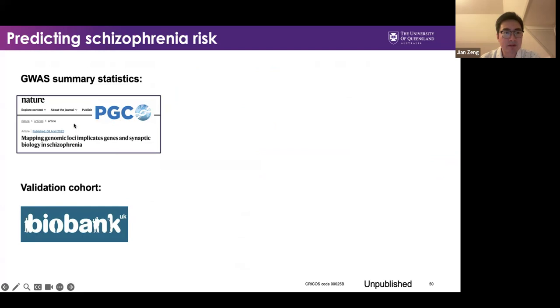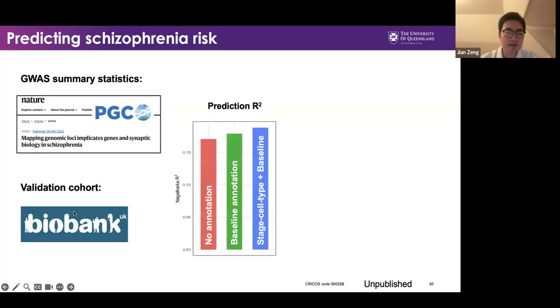So this is the preliminary result. We use the PGC data for GWAS summary statistic model training and validate in the UK Biobank. Of course, the sample size is limited. We only have 1,000 schizophrenia cases, and we randomly sample 1,000 controls from the rest of the cohort. This is the overall prediction accuracy. As you can see, when we don't use any annotation, or just the baseline annotation, or baseline plus cell type and stage annotation, the prediction accuracy consistently increased.